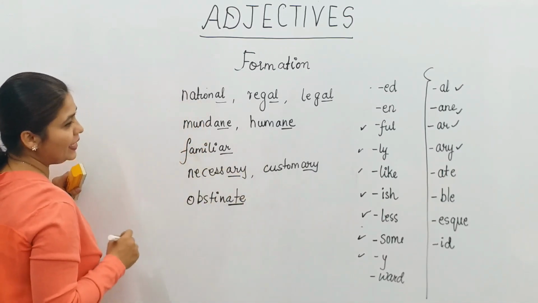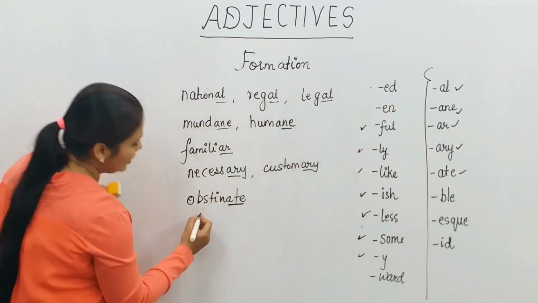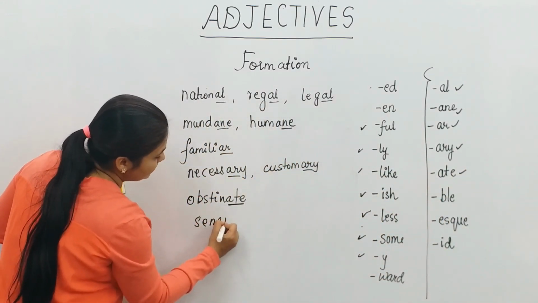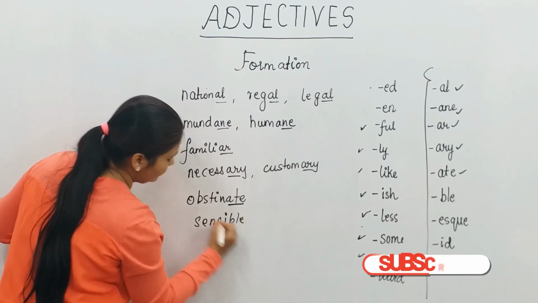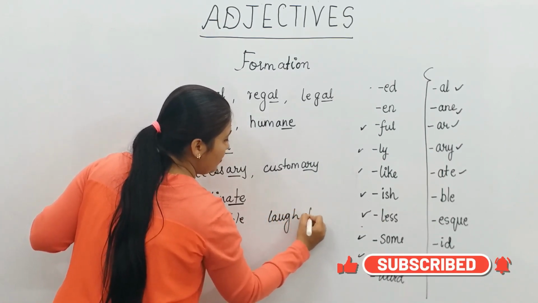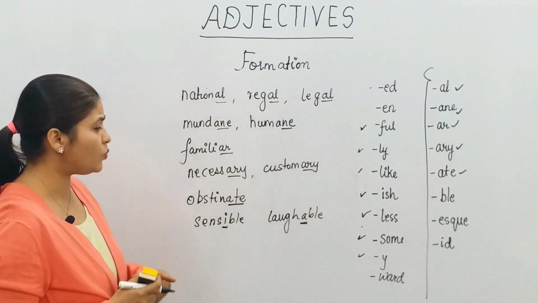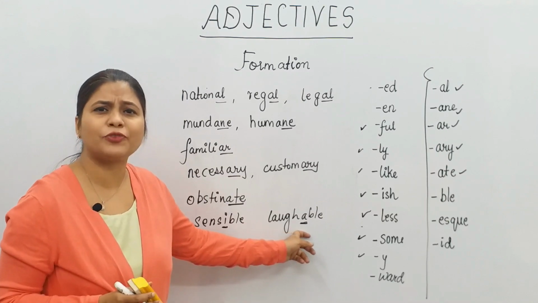Next one, ble. Now, ideally speaking, I put it here. For ble, I can give a word like sensible, and I can give a word laughable. You cracked a joke, no one laughed, and you wonder why, and they say it's not laughable.